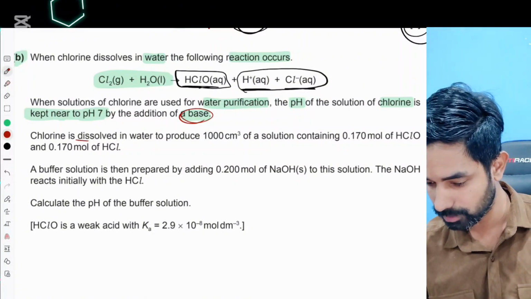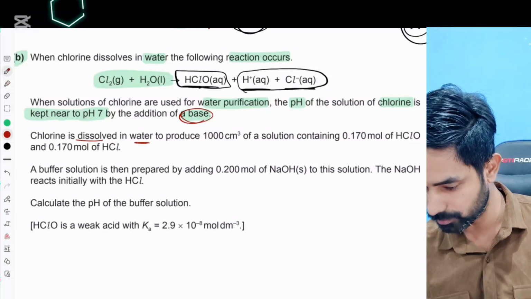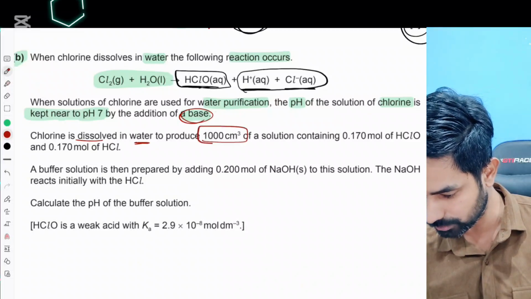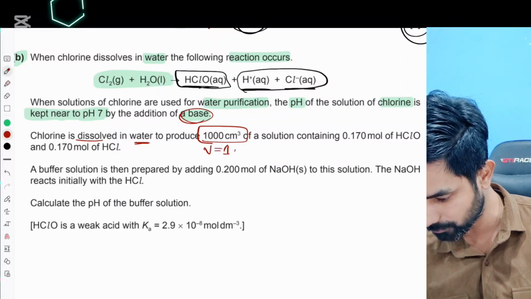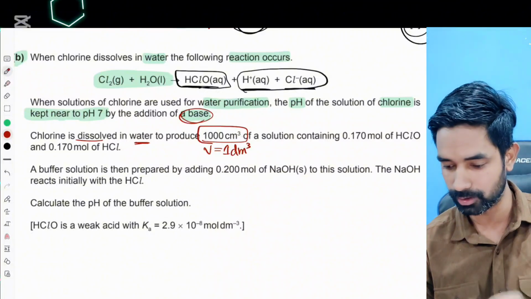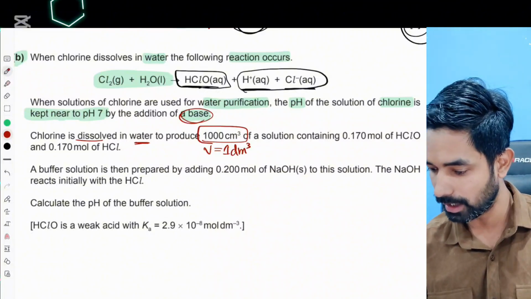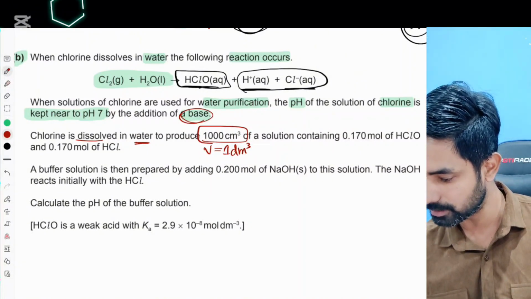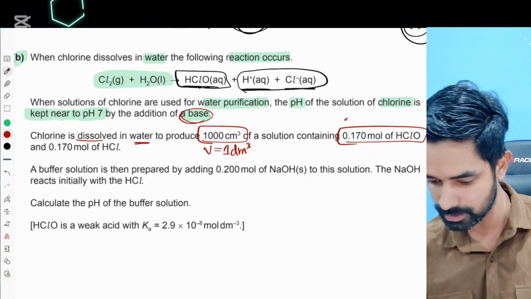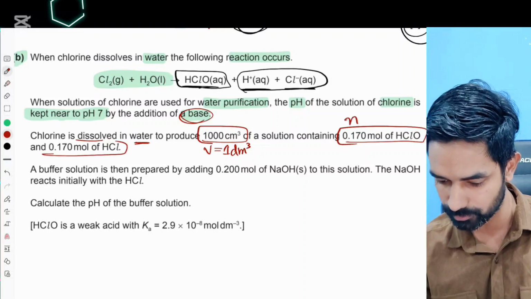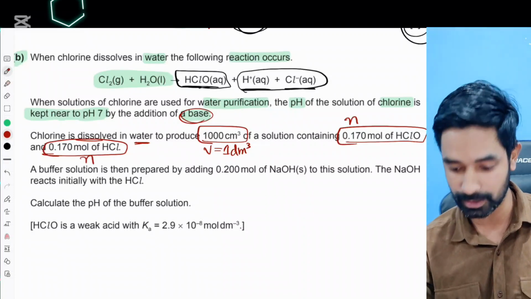Chlorine is dissolved in water to produce this much volume, which is of course 1 decimeter cube. So you added chlorine to 1 dm cube of water, and the solution contains this many moles of HClO and the same amount of moles of HCl.